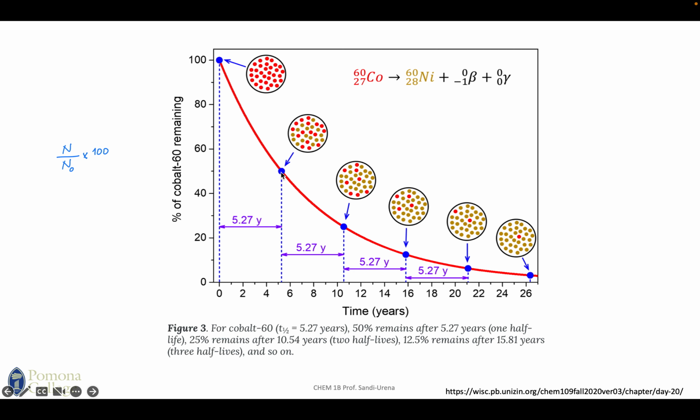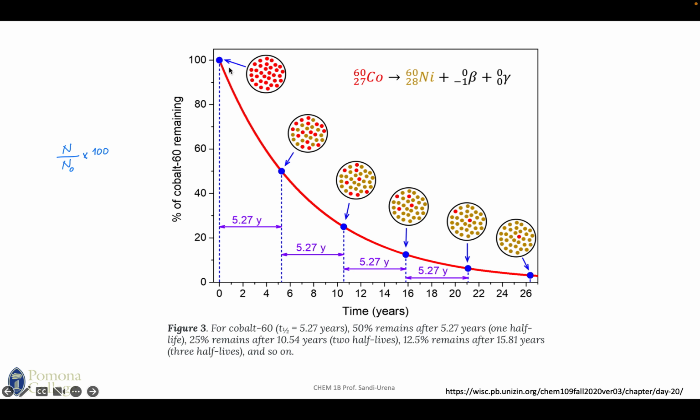So between this point here and this point here, we have 5.27 years. If we come back 5.27 years later, we see that we have 12.5% left, and so on. So what this is telling us is that it takes exactly the same time every single time to drop the original concentration to 1/2 of what it was.